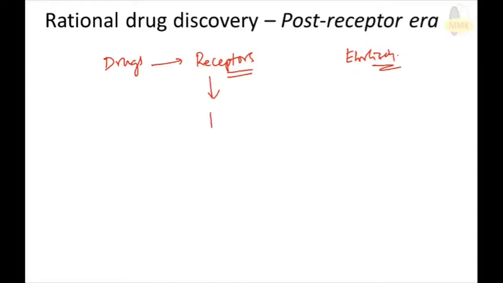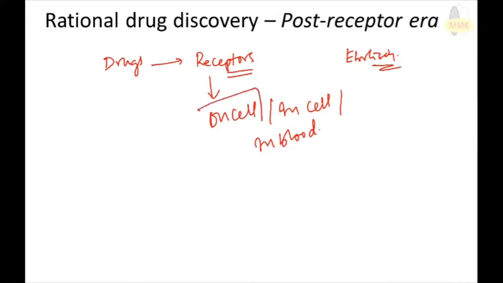Receptors are present either on the cell, in the cell, or in blood, the blood compartment, meaning in free flowing condition. On the cell means like GABA receptors.